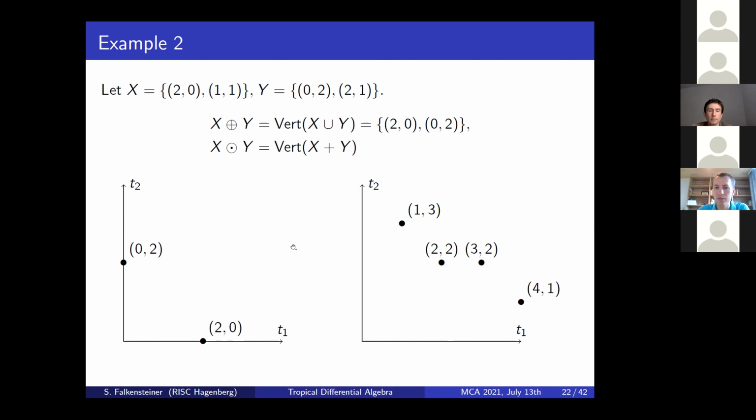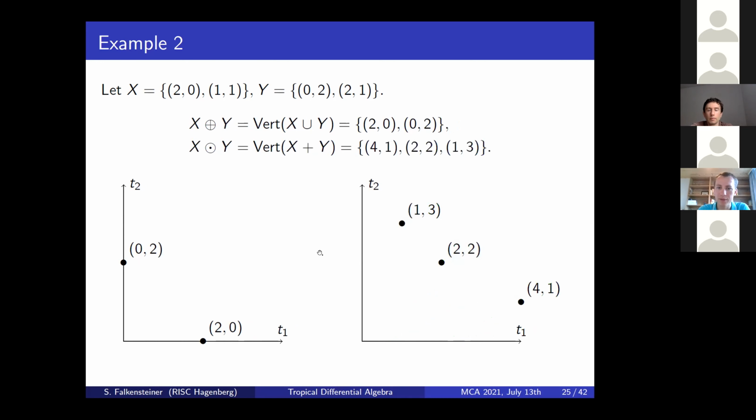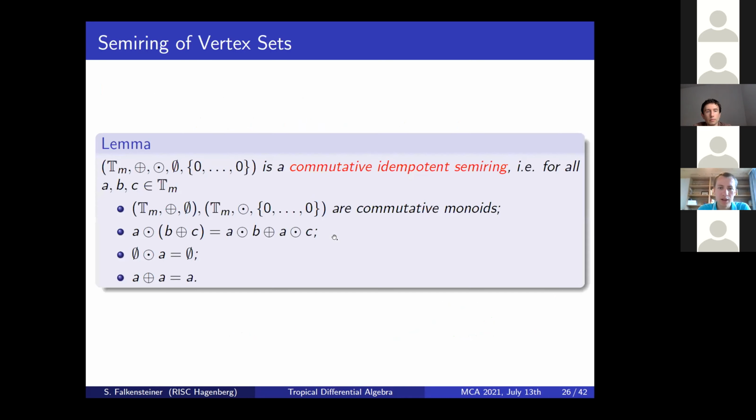And now we take a look at what happens if we apply the vertex map. These 3 elements remain. Okay, so now we have seen an example for this addition and multiplication. And it can be relatively easily proven that this algebraic structure is a commutative idempotent semi-ring. So it does not have additive inverses.